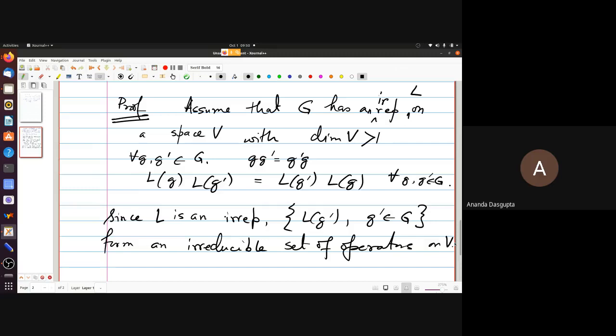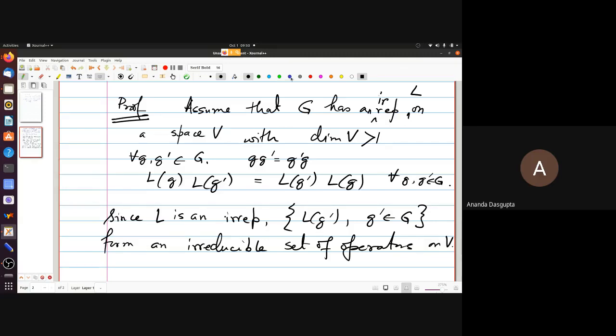If you have an irreducible representation of a group, then the operators corresponding to the representation always form an irreducible set of operators on the representation space, irrespective of whether the group is abelian or not. This statement is true for all irreducible representations.